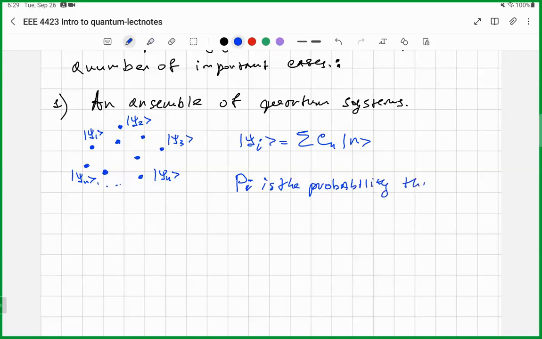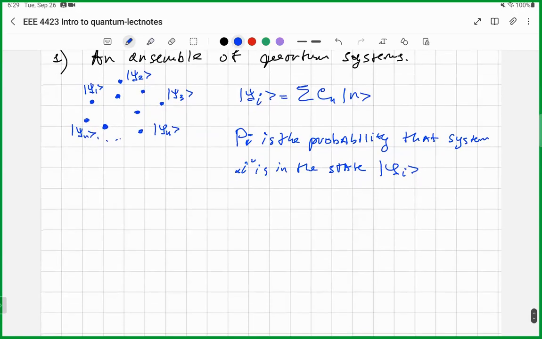Okay, so pi is the probability that system I is in the state psi I. Since this is a probability, we normalize it to be 1, right?